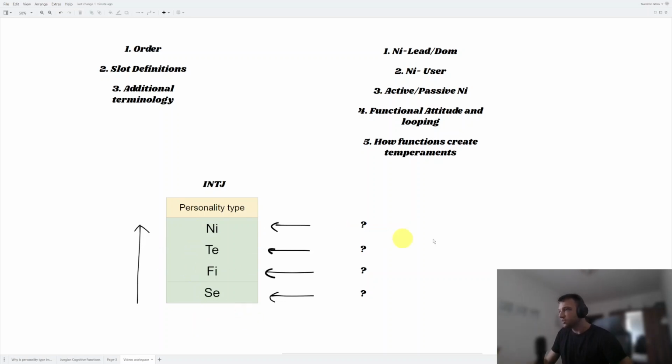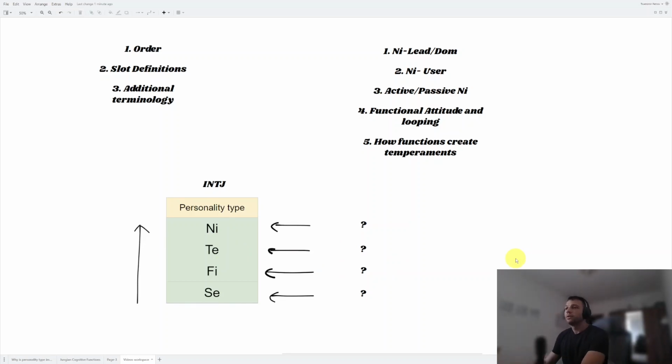The two middle ones are kind of balanced, so usually their strength is around the same, but the second one most of the time is more important for you to develop, since it is balancing your first one, since it is in the opposite direction, right? If the first one is introverted, then the second one is going to be extroverted.